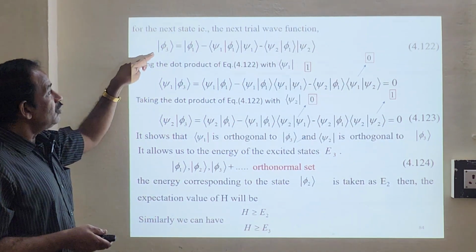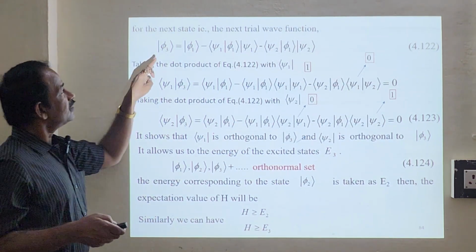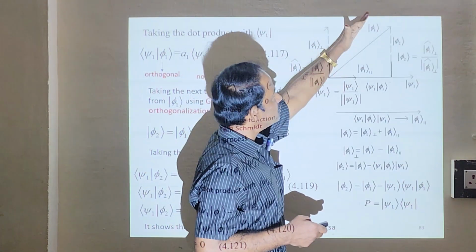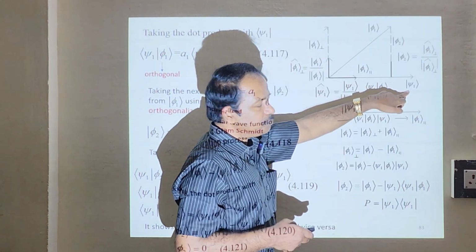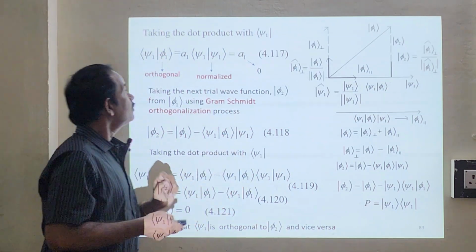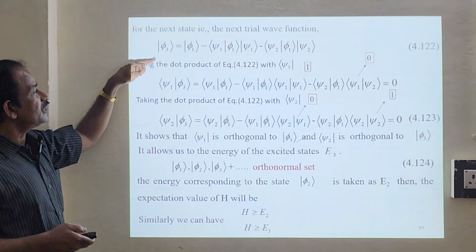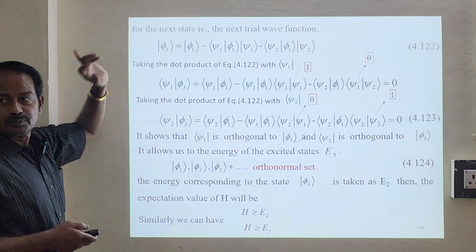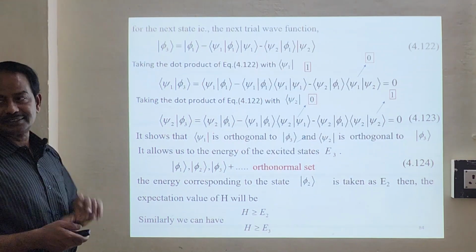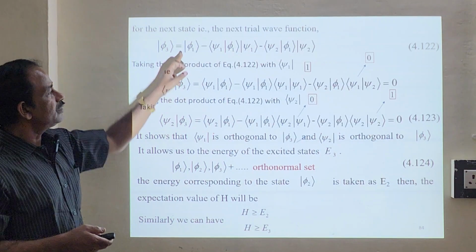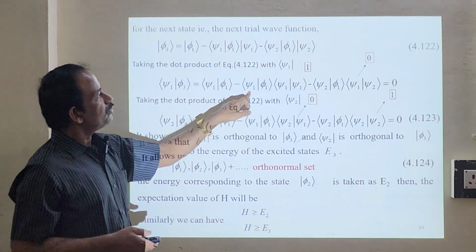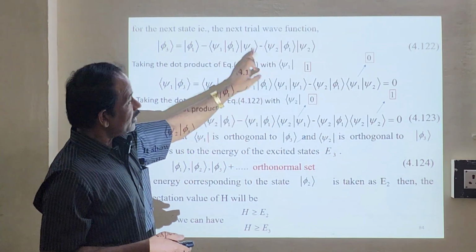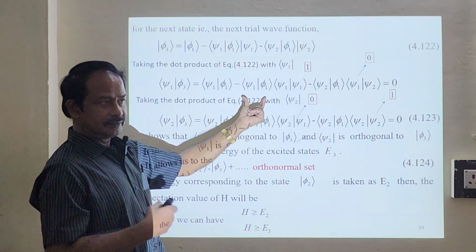Now I will have to prove that phi 3, which I have chosen, this vector, must be perpendicular to psi 1. For that I will have to take the bra vector of psi 1 on both sides. So psi 1 phi 3, psi 1 phi 1. So we have psi 1 phi 1, psi 1. This is a number.